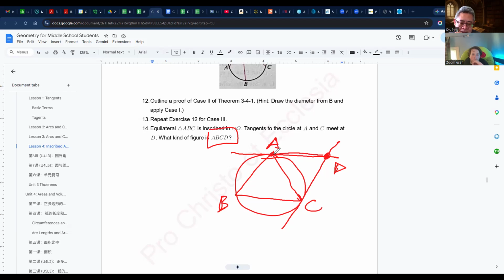So we're looking for this. What kind of quadrilateral is that?